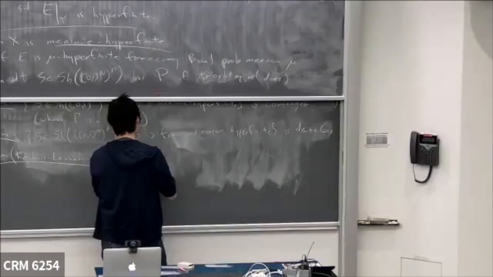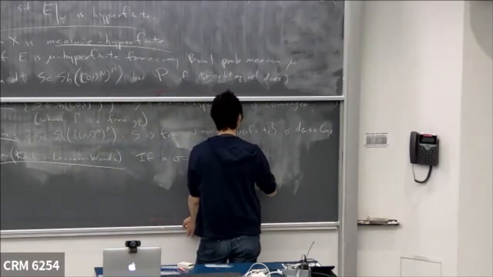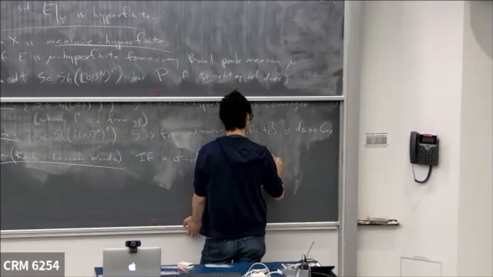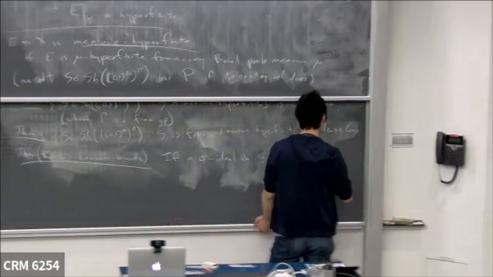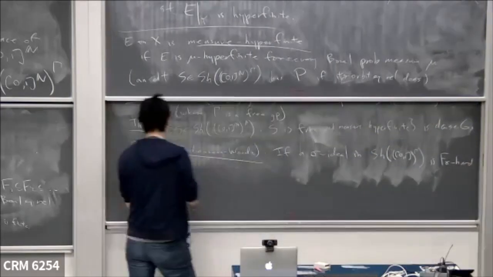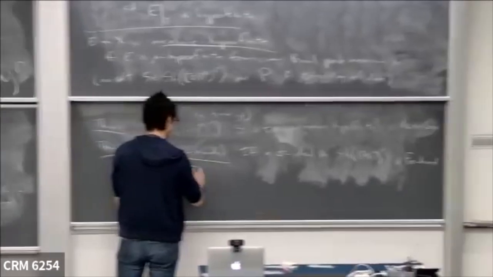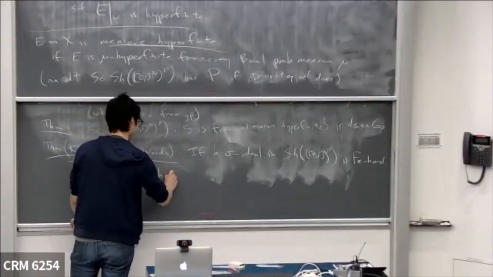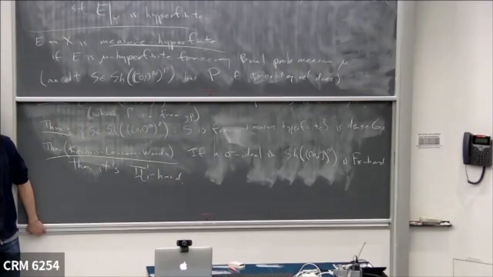If a sigma ideal in the space of subshifts 2^(n^Γ) is, yeah, this is more logic than I intended. If it's F sigma hard, then it's Pi^1_1 hard. Okay, I apologize. I realize this is not fun.